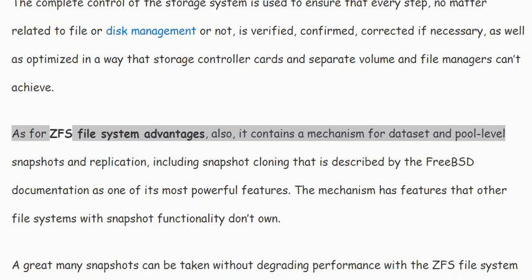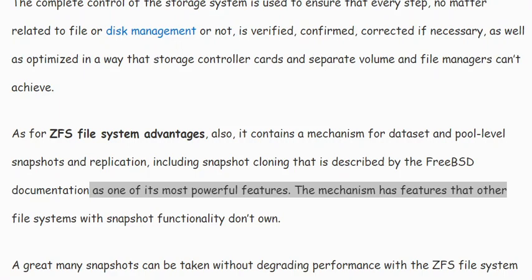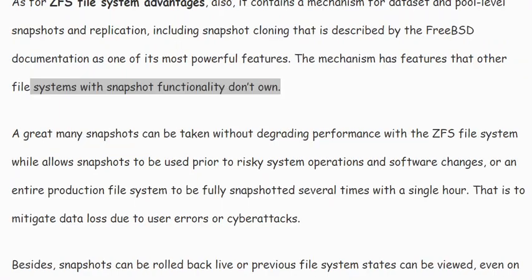As for ZFS file system advantages, it also contains a mechanism for dataset and pool-level snapshots and replication, including snapshot cloning, which is described by the FreeBSD documentation as one of its most powerful features. The mechanism has features that other file systems with snapshot functionality don't have.